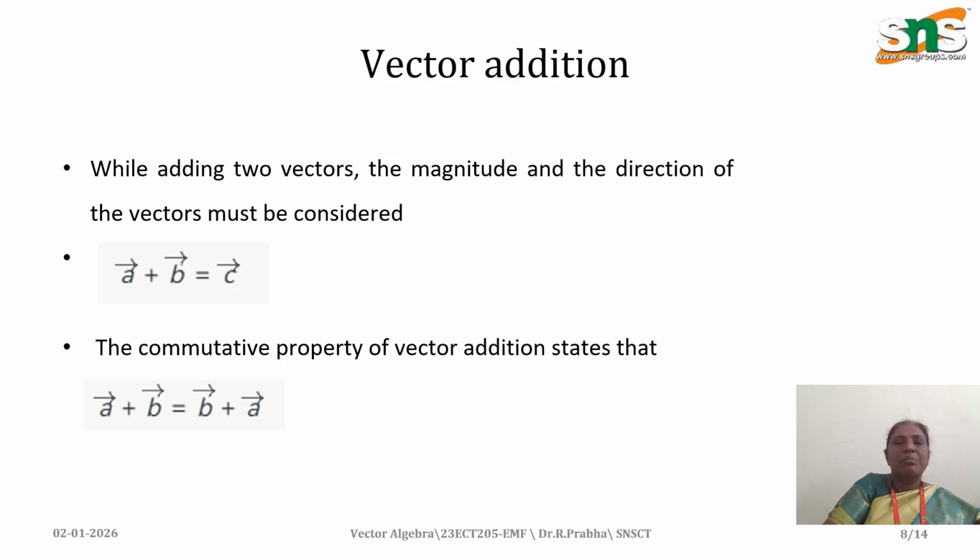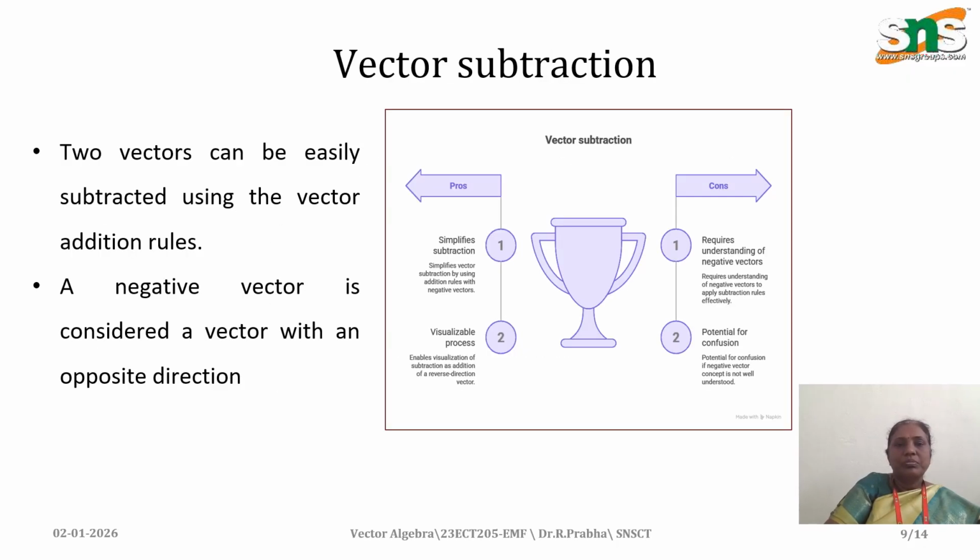It can be given by vector A plus vector B gives another vector called vector C. And it obeys the commutative property, that is, A plus B is also equal to B plus A.